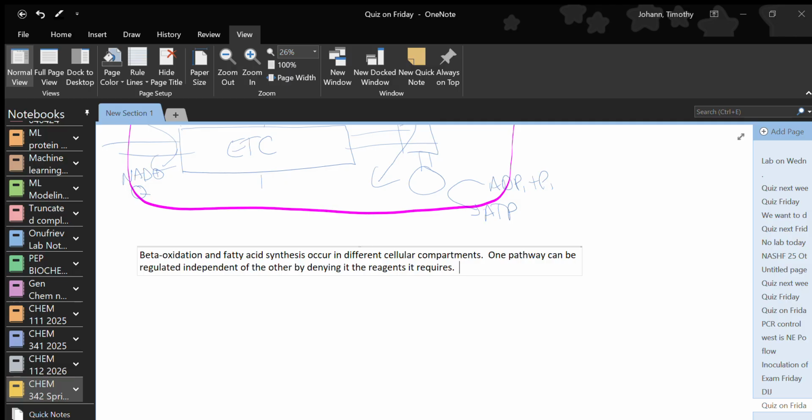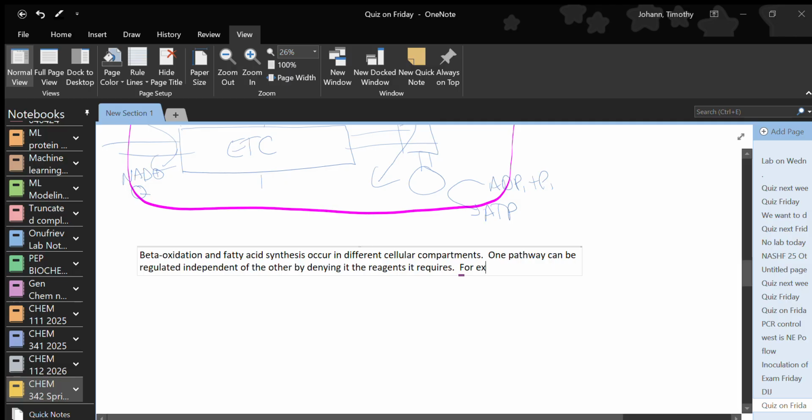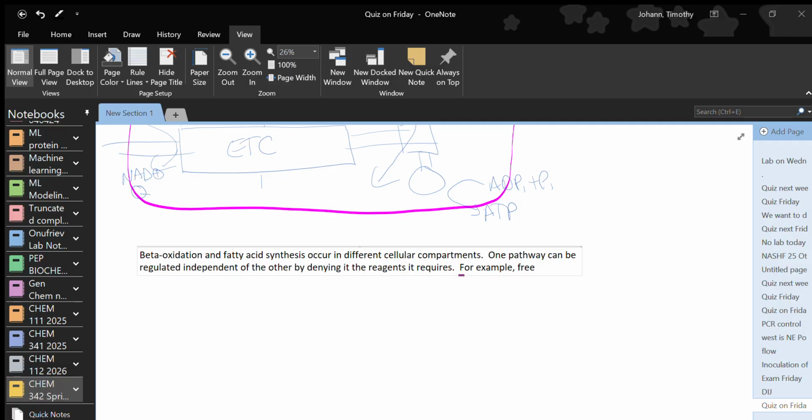For example, free fatty acids cannot be broken down if they're not in the mitochondria.